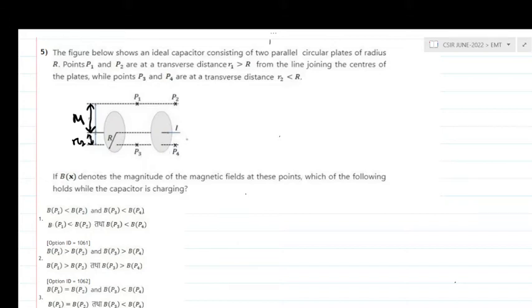Okay, and then we have to find the magnitude of B at these points while the capacitor is charging. See, one current is passing through the capacitor. Let me draw again.